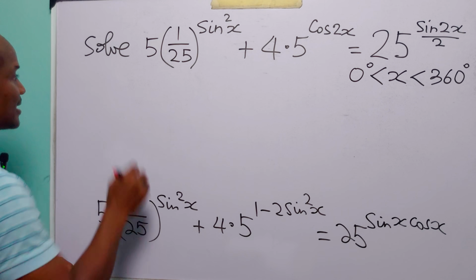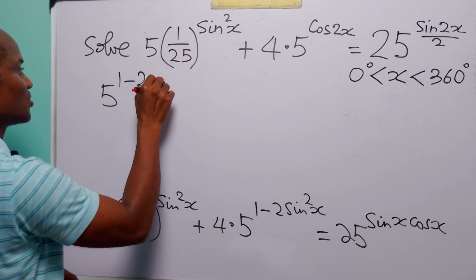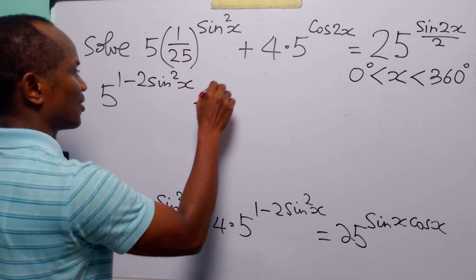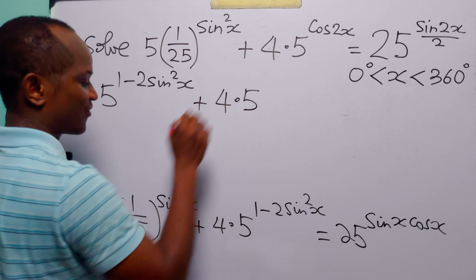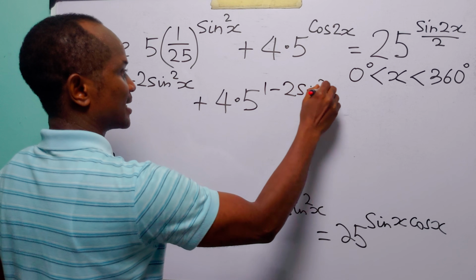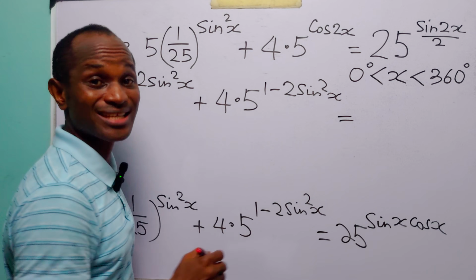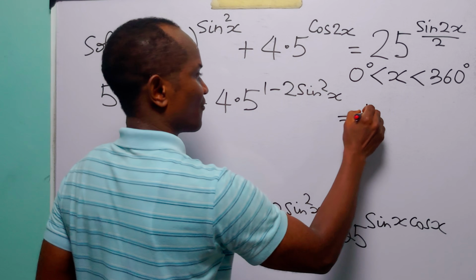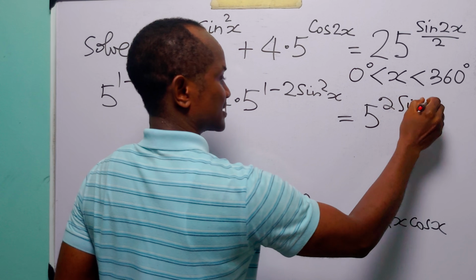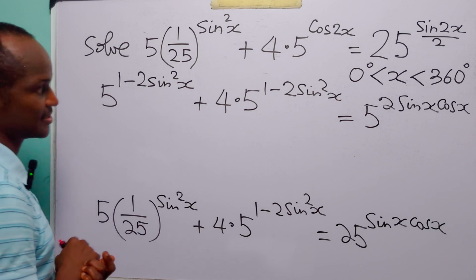Then here we have 4 times 5 to the power 1 minus 2 sin squared x. And this is equal to, of course, you know that 25 is 5 squared, then we have the power sin x cos x.